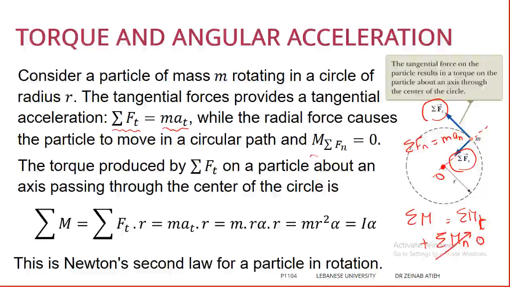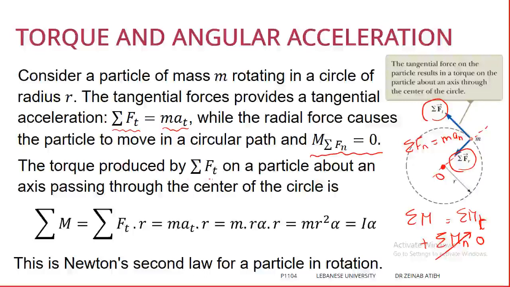That's why I have written that the moment of the normal forces is zero, because the line of action of these forces passes through O. Any force whose line of action passes through O has zero moment. So the moment acting on my block or my particle is simply that of the tangential forces.